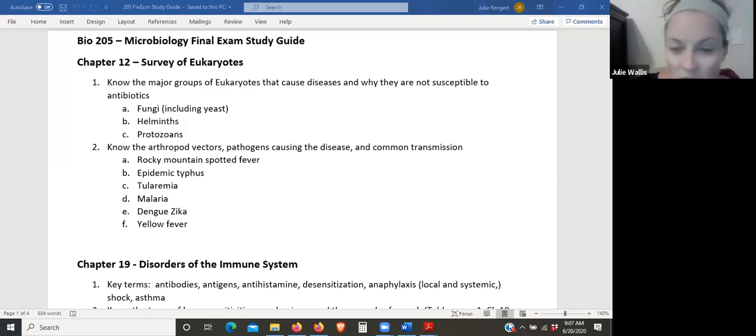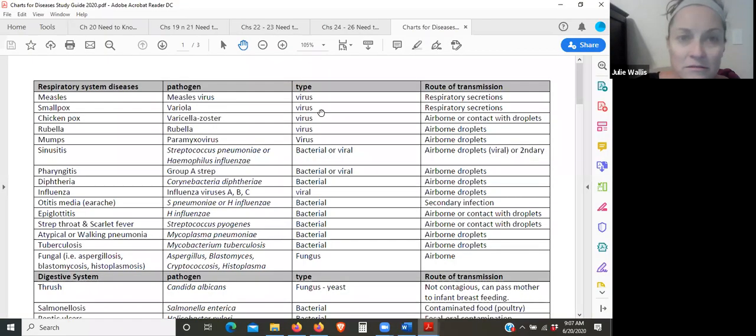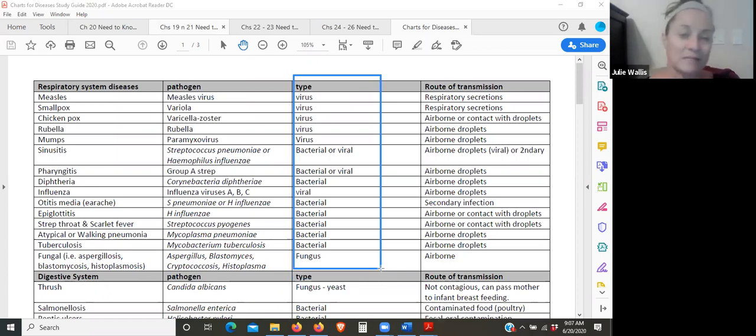I do want to just point out in the charts that you're going to have on the test, it tells you what type of organism it is here in the column that says type. So the information is there for you.